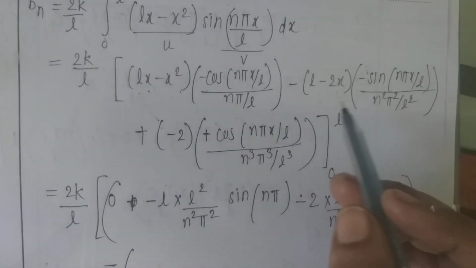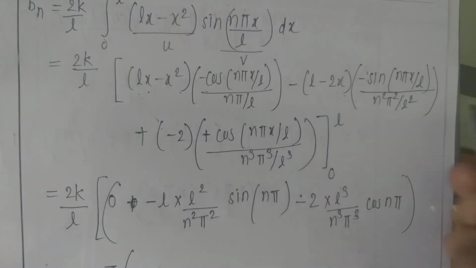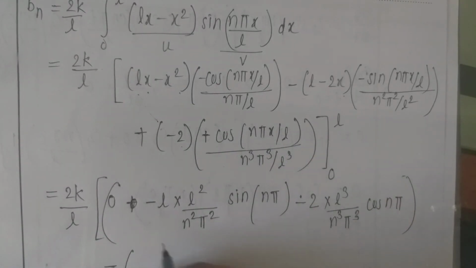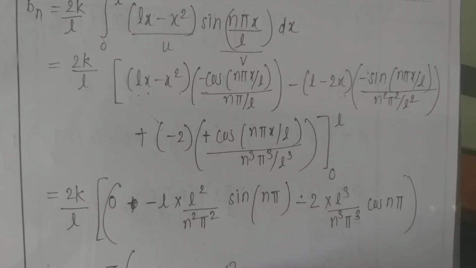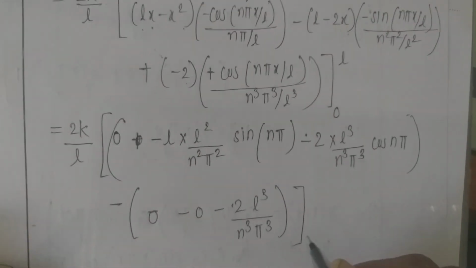Then L minus 2 into 0, so it is L, but sine 0 is 0. Next term is minus 2. Cos 0 is 1. So the first term is 0, the second term is also 0, and the third term is minus 2 multiplied by L cube divided by n cube pi cube. So this is the lower limit.